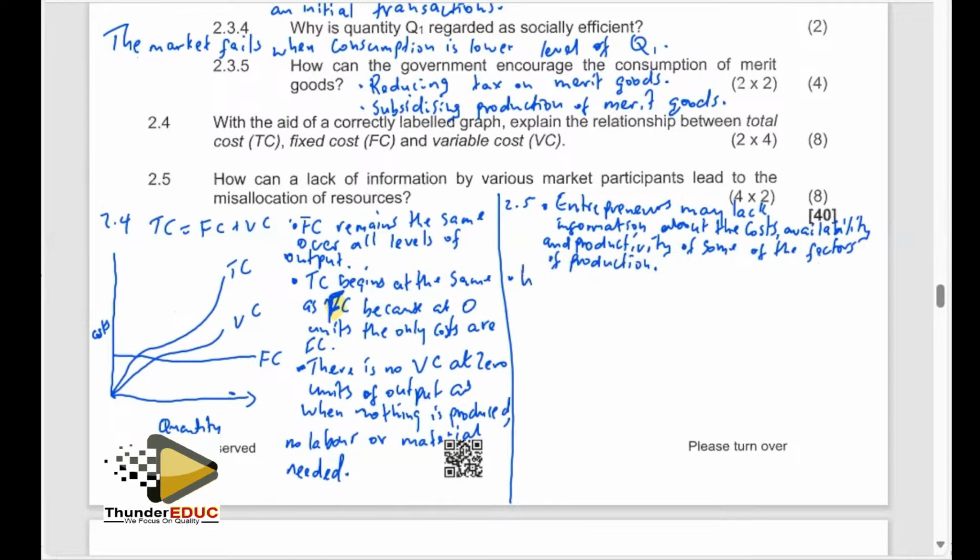And also we are saying that workers may be unaware of job opportunities outside their current employment.